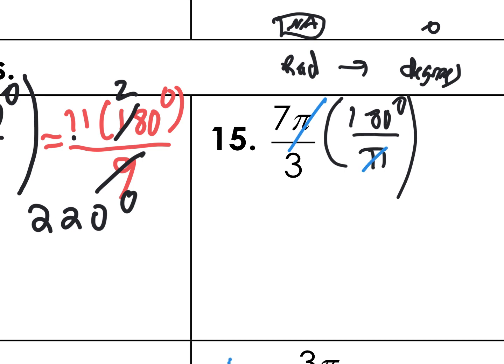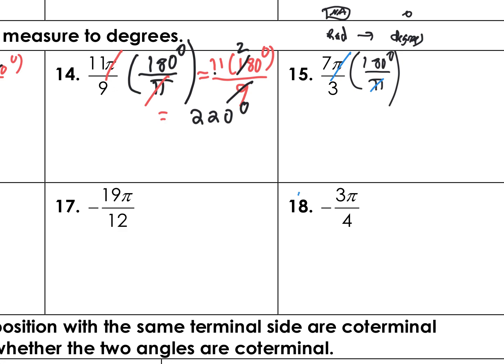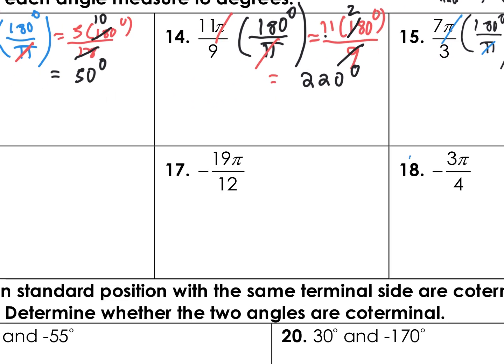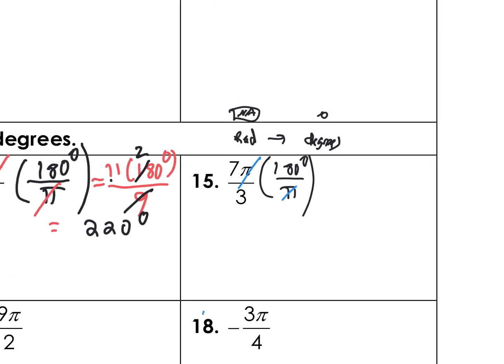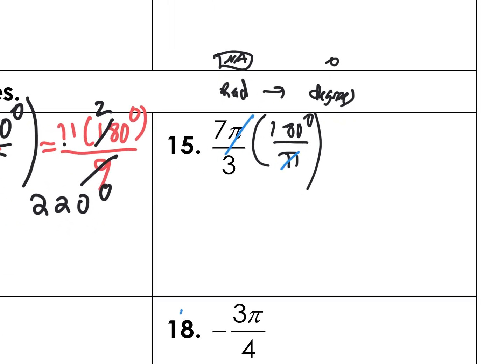But you need to understand that I could give you a radian that doesn't have the letter pi in it. Let me see, is there any down here? I don't think she would have done that to you. That'd be a dirty trick. I may do it to you someday just because, to try to trick you. But this time there are 2 pi's, so they cancel. And let me see if I can simplify ahead of time. 3 doesn't go into 7, but 3 goes into 18 6 times.